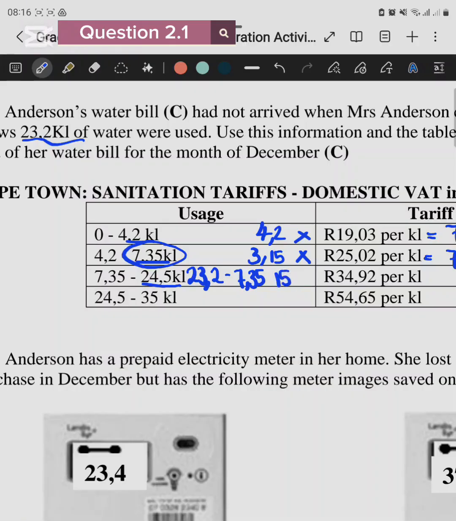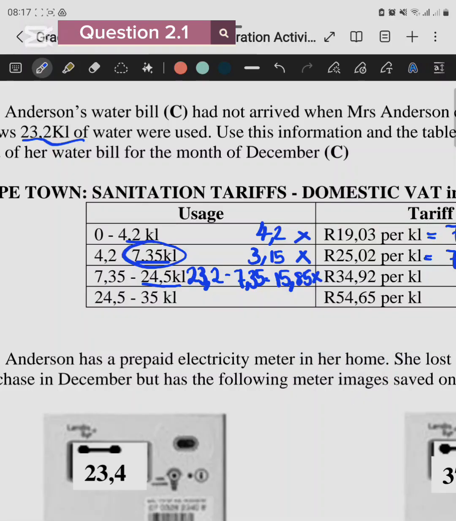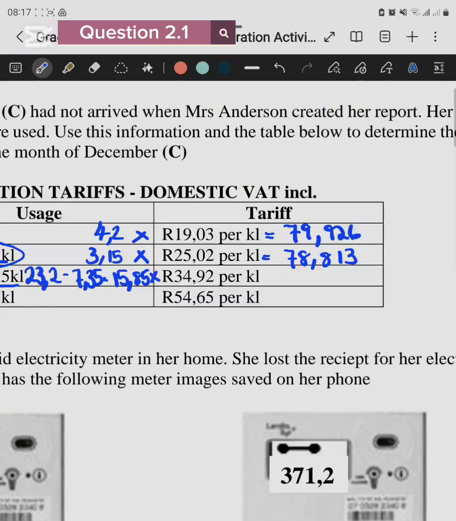So 15,85 times 34.92, and if I multiply that together, I'm going to get to 553,482.